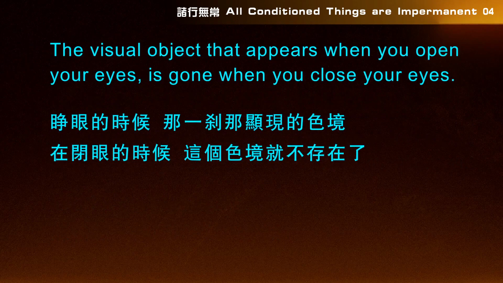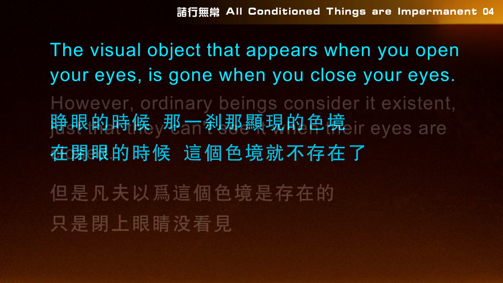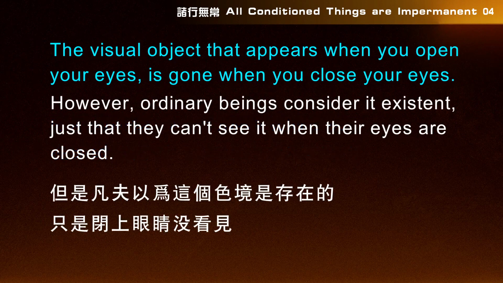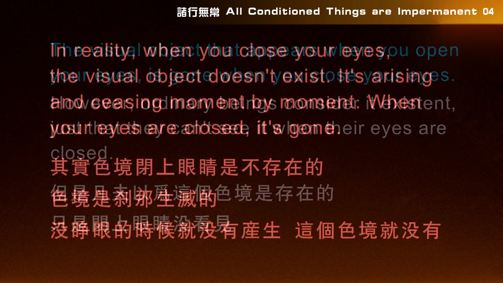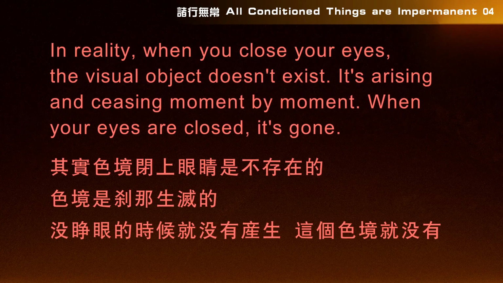The visual object that appears when you open your eyes is gone when you close your eyes. However, ordinary beings consider it existent, just that they can't see it when their eyes are closed. In reality, when you close your eyes, the visual object doesn't exist.